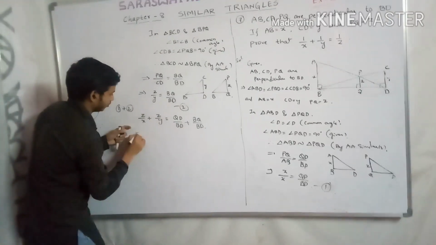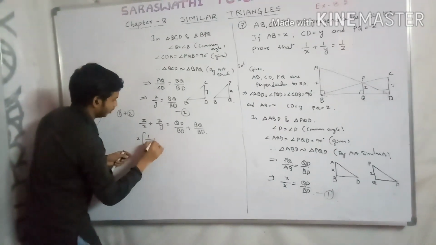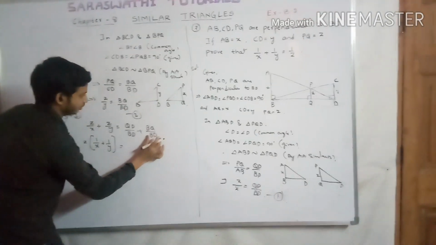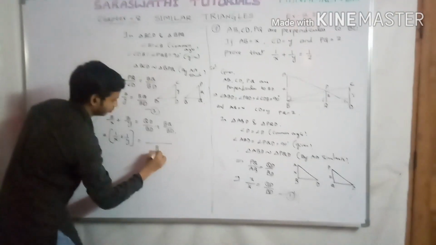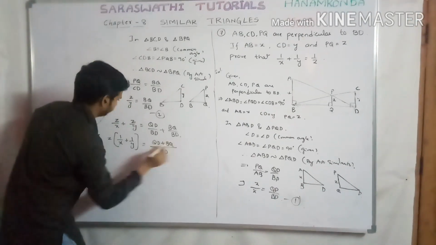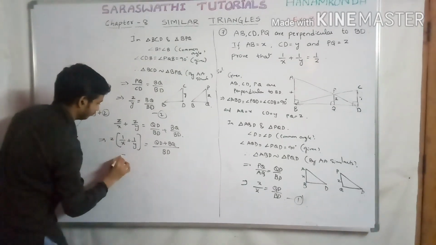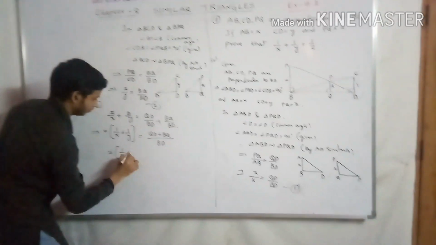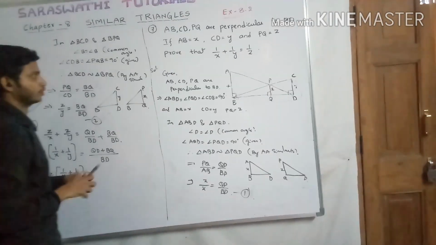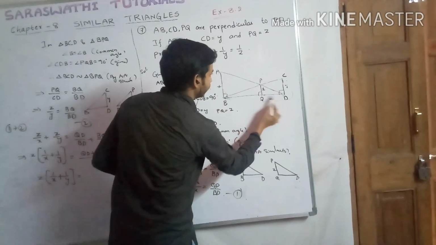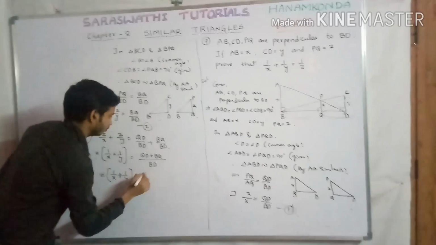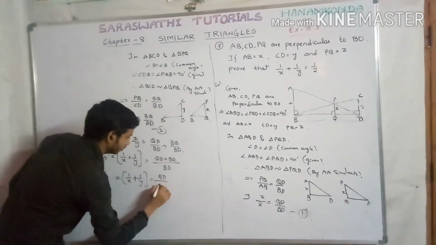If we take Z as common, Z into 1 by X plus 1 by Y equal to, since the denominator is BD on both sides, BD as the common denominator, so the numerator becomes QD plus BQ. So from the figure, QD plus BQ is BD.